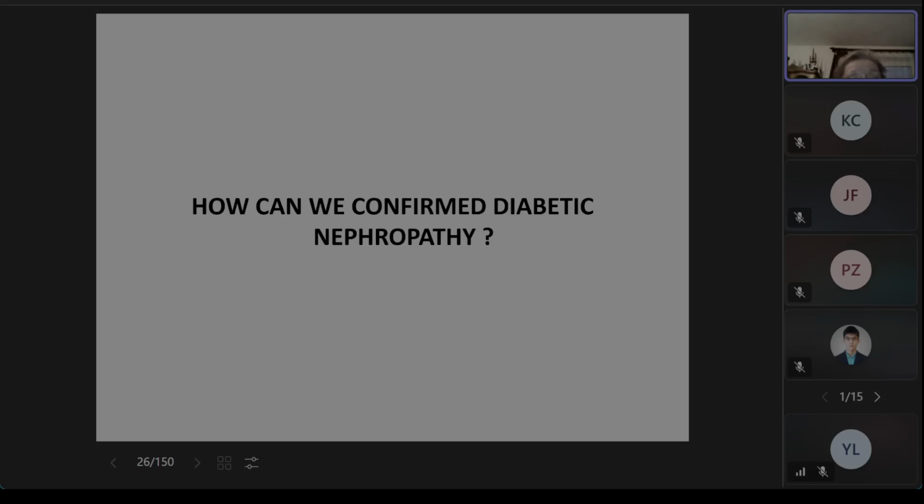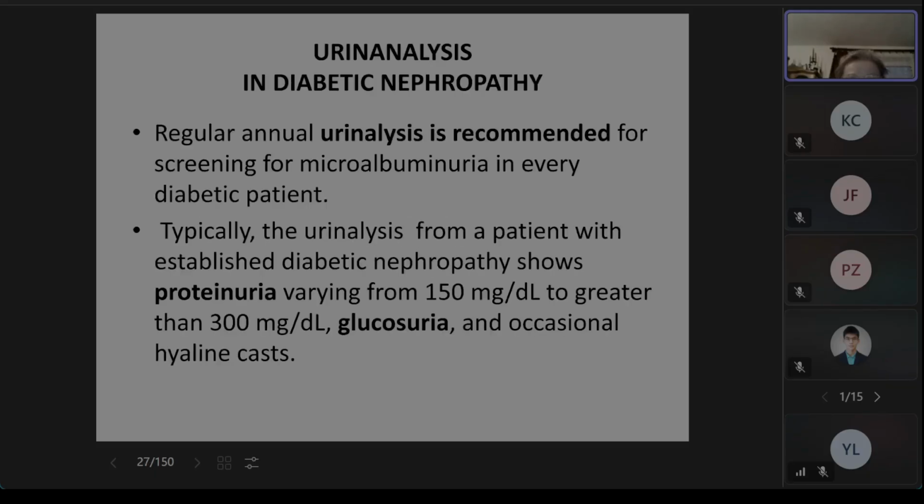How can we confirm diabetic nephropathy? First of all, it is good to perform a urine analysis. Nowadays, it is recommended to perform urine analysis in every patient suffering from diabetes mellitus at least once a year. Second, look for proteinuria and glucosuria.